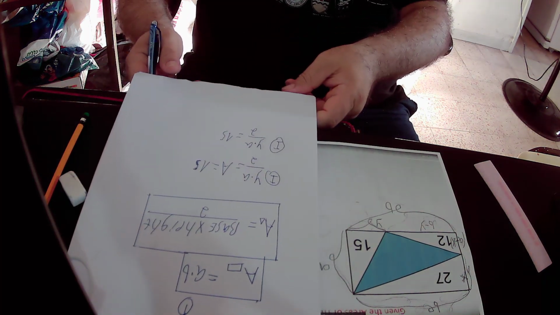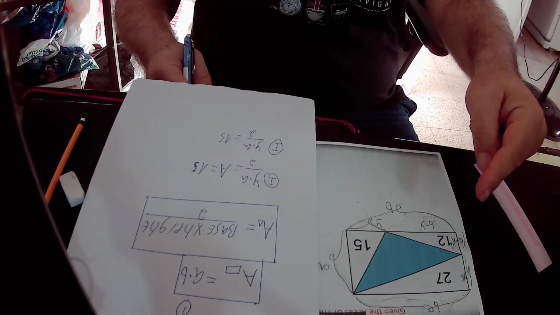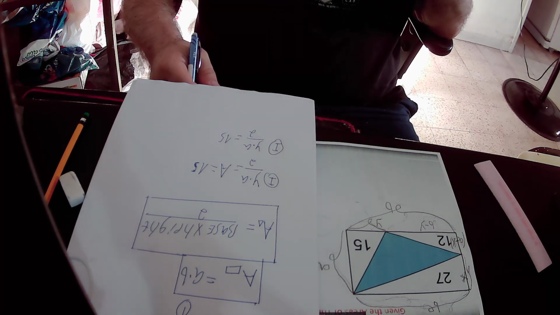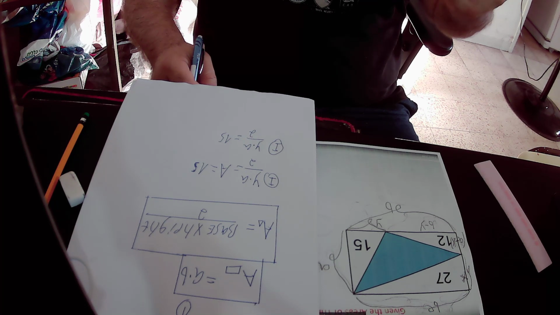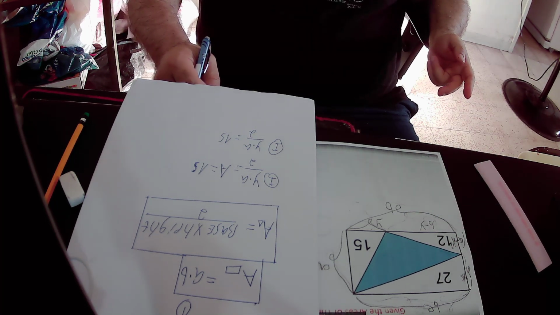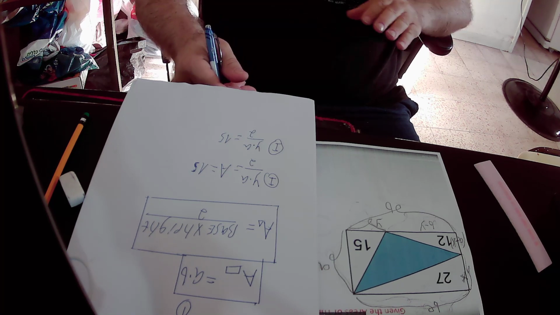We do know that the area of this right triangle equals 27, but we want to find the formula for this area that equals 27 units.